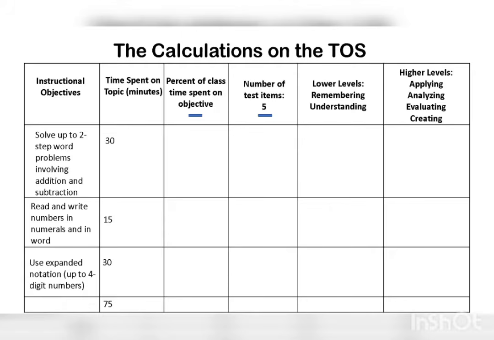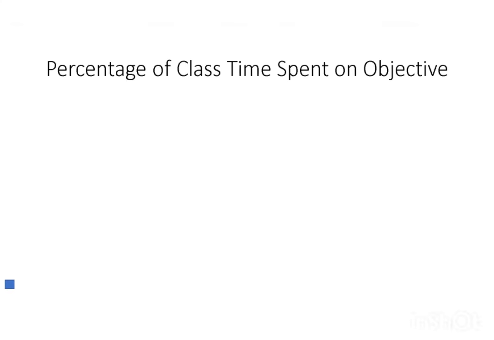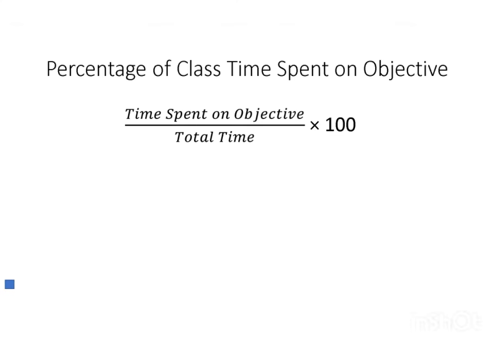Let us talk about how to calculate the percent of class time spent on the objective. So we're going to use this formula. Time spent on objective divided by total time multiplied by 100.